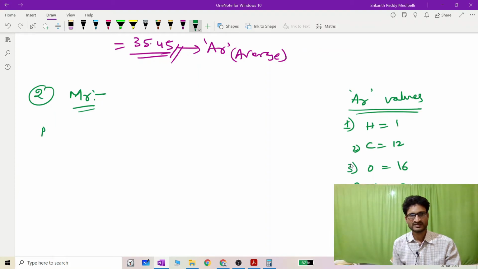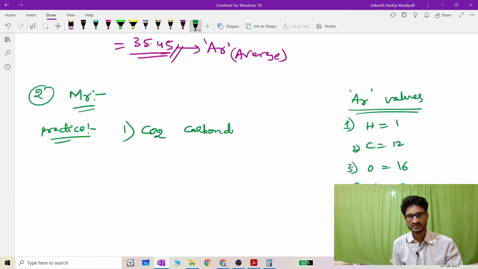So let's practice with one example. First one, let's take carbon dioxide, CO2, carbon dioxide, because we have two oxygen atoms there. So basically how we calculate: carbon's Ar value is 12, a single oxygen is 16, right?